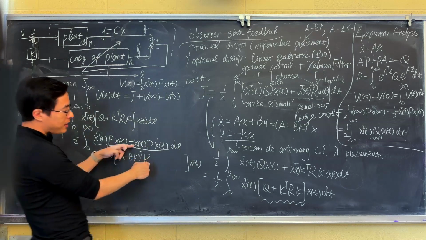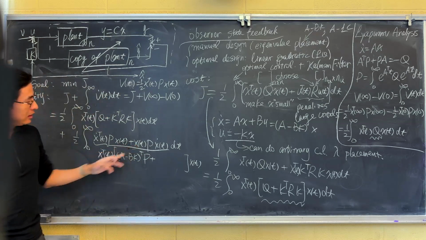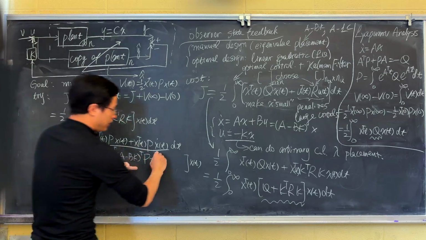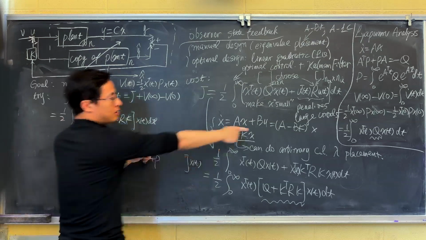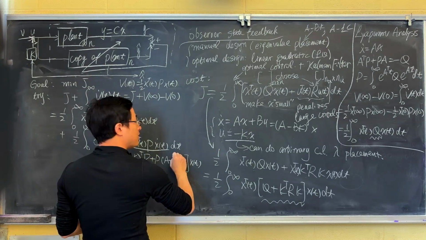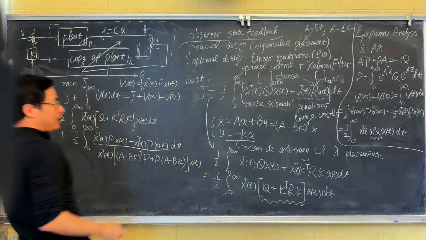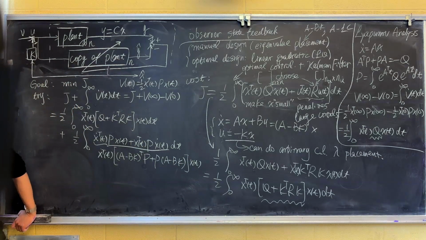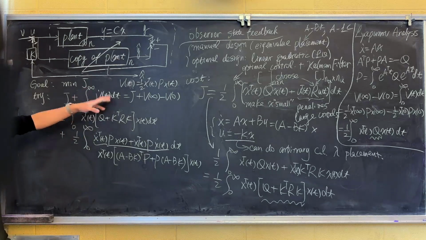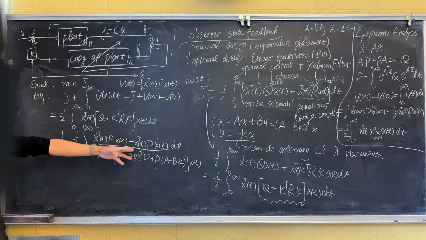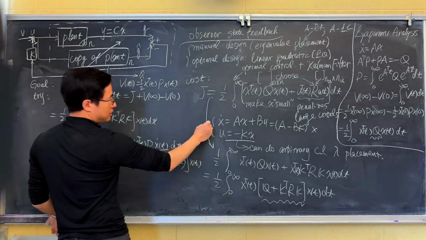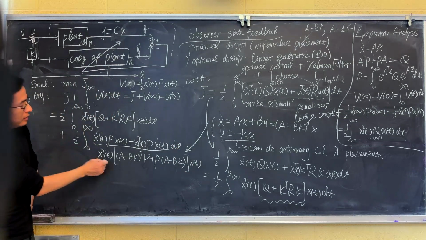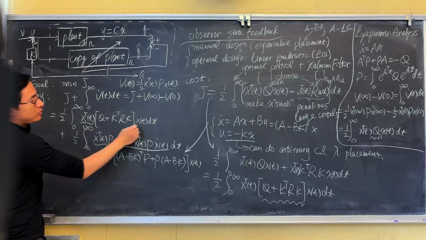I left some space to write the second part. I have X transpose P times X dot, so it's P times A minus BK xt. So that is the left-hand side, now substituting the system dynamics into it.